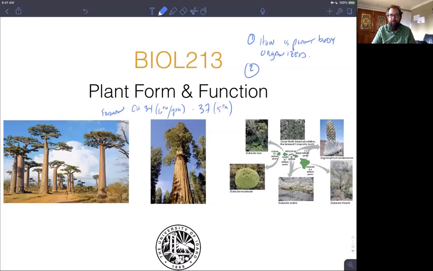And with that foundation, the second question is, why are plants so diverse in their size and shape?